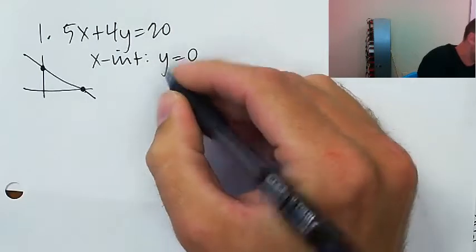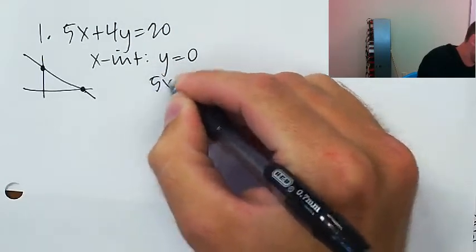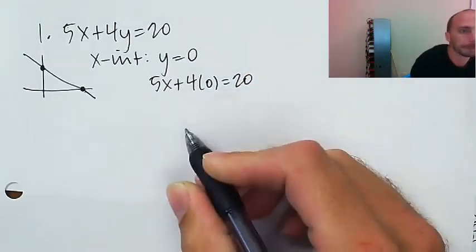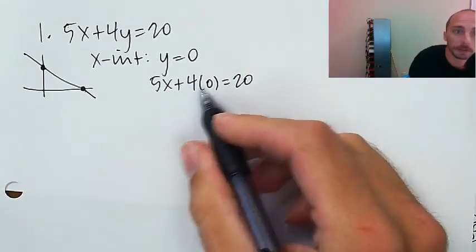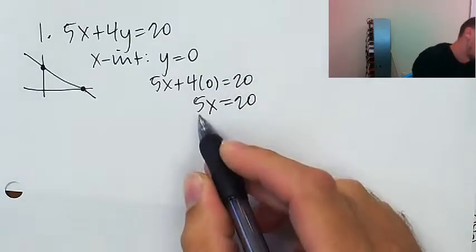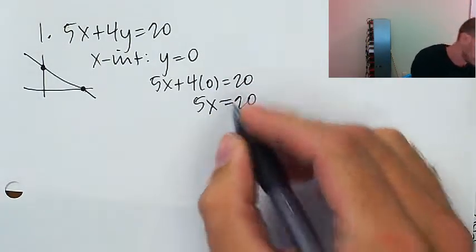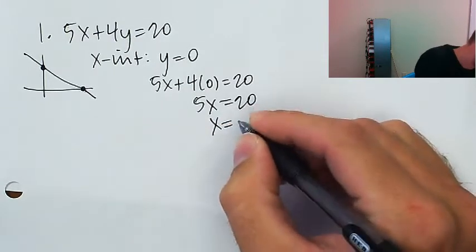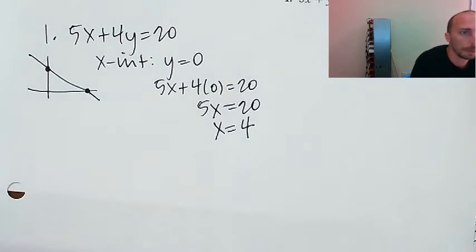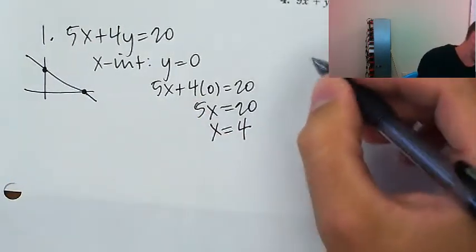I'm going to say 5 times x plus 4 times 0 equals 20. So that's 5x plus 0 equals 20, 5x equals 20. Then I can solve for x by dividing both sides by 5. So x is going to be 20 divided by 5, which is 4.